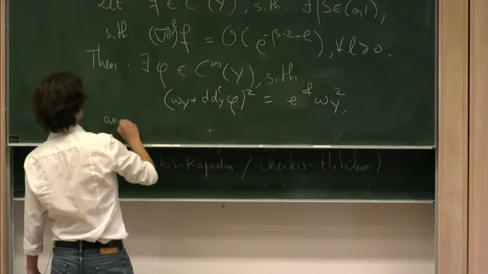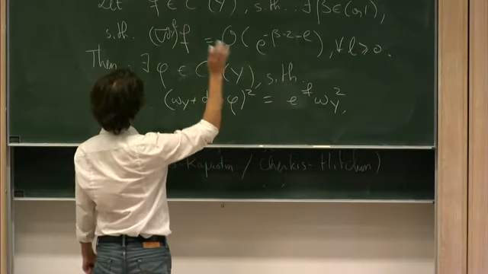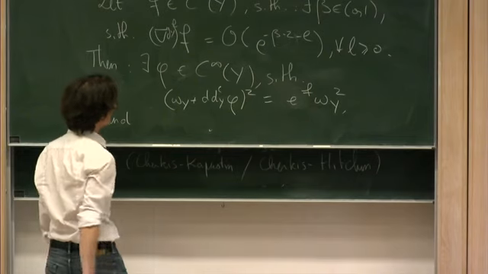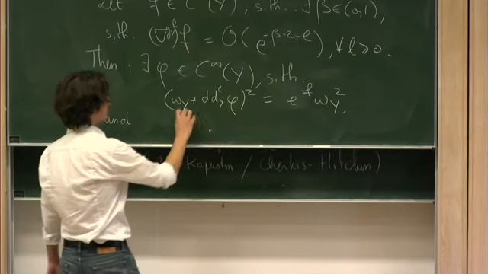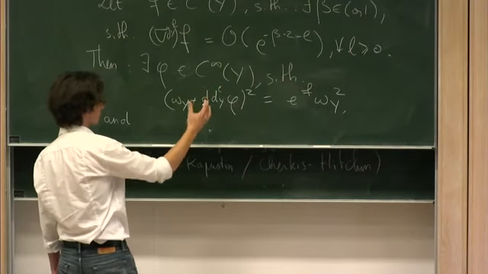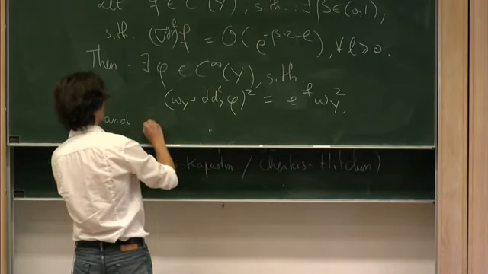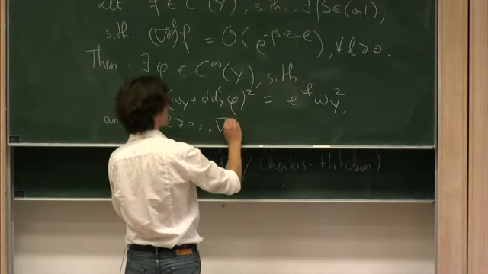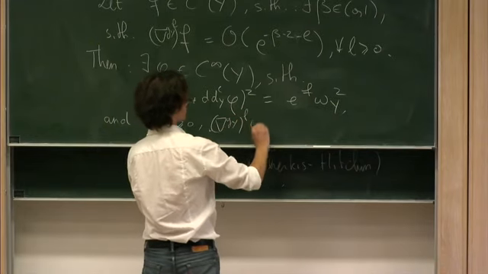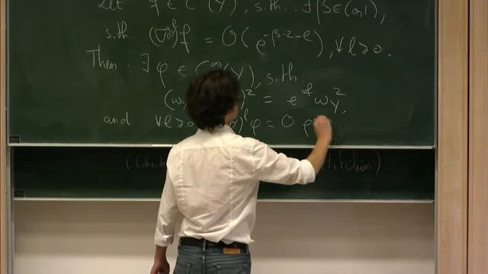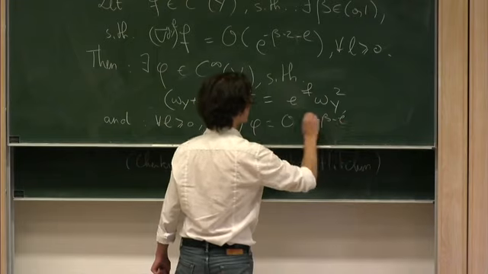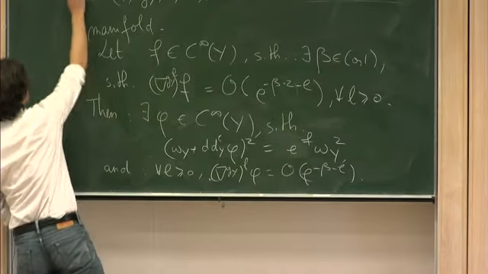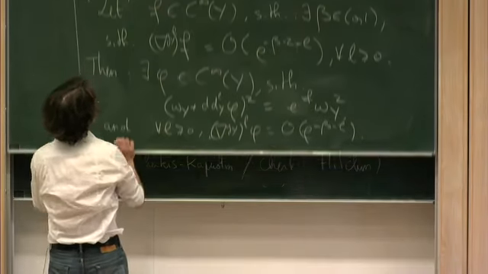And thanks to the decay on f, you have a similar, not as good, but a similar decay on phi. For all positive L, the elliptic derivatives of phi decay as rho to the minus beta minus L.